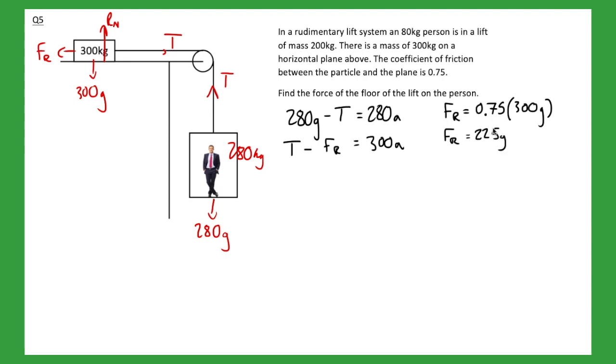This gives us 225G. Combine these two together. I can change this Fr now to 225G. Combine them together, we have 55G equals 580A. So 55g divided by 580 gives us our acceleration, which is 0.93.